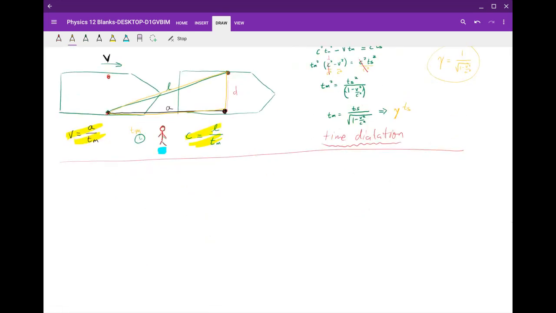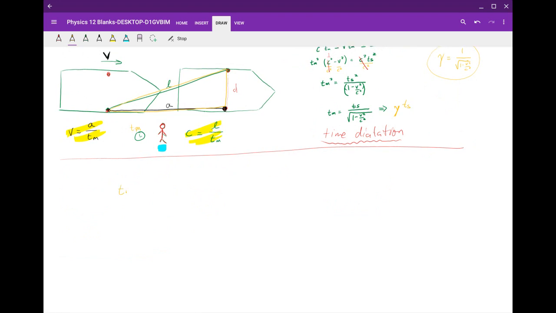Anyway, let's do the length formula as well. Basically, if you take this time dilation formula and you multiply both sides by velocity, so I'm going to write Tm equals Ts over root of 1 minus v squared over c squared.